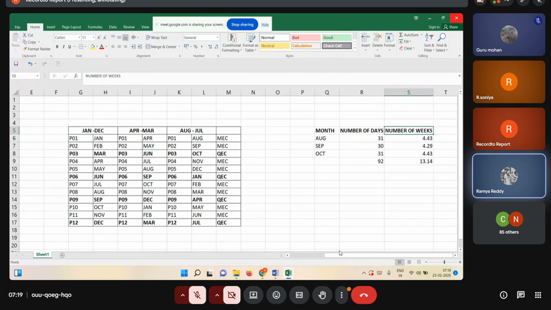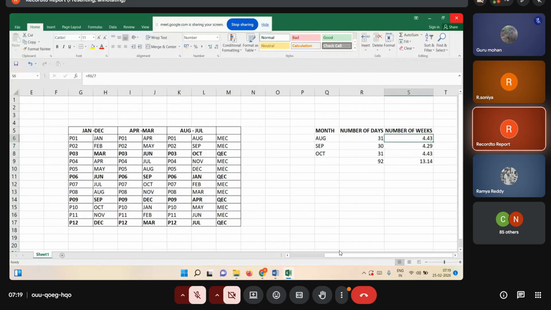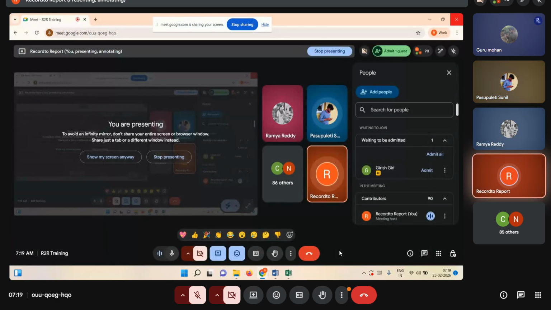Correct? So total 92 days, 13 weeks. Still here, any doubts?